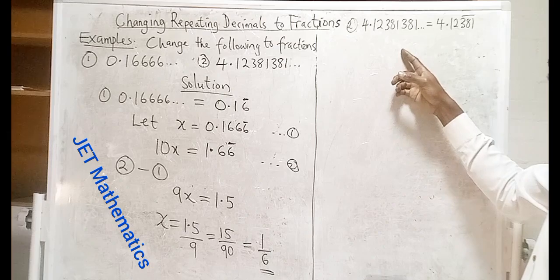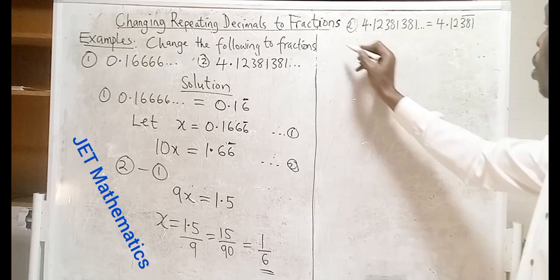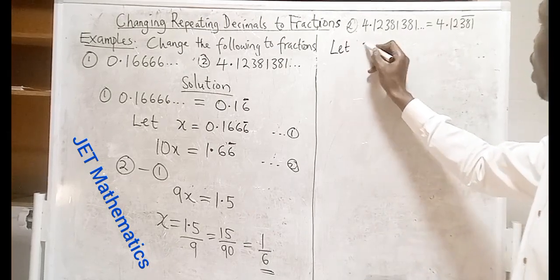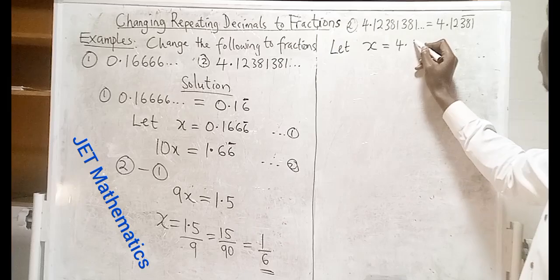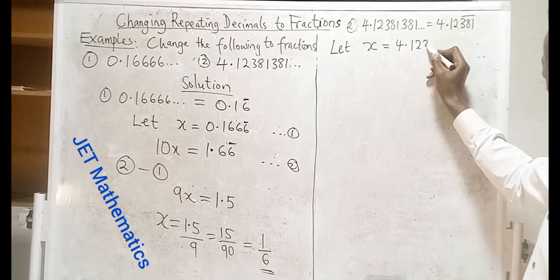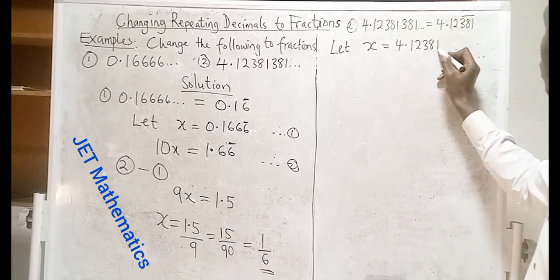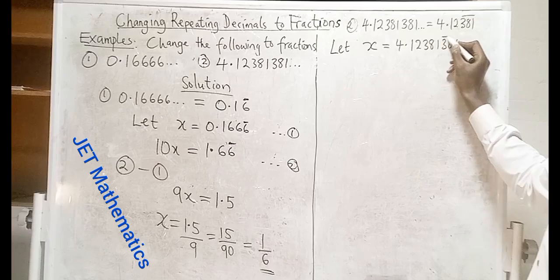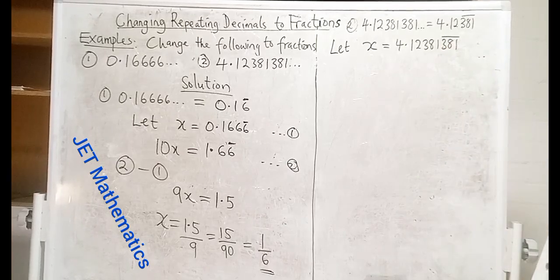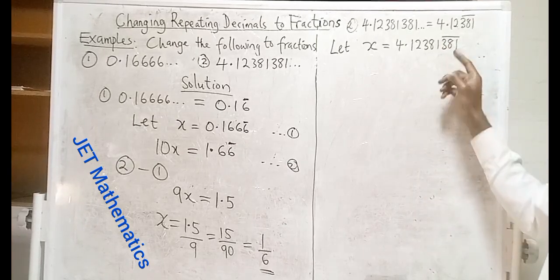So let x be equal to 4.12381. Let's put the dash there, showing that these three numbers are repeating.